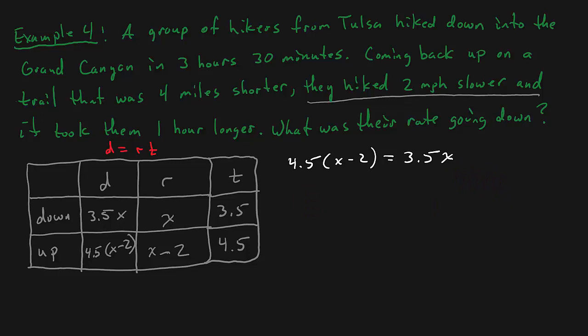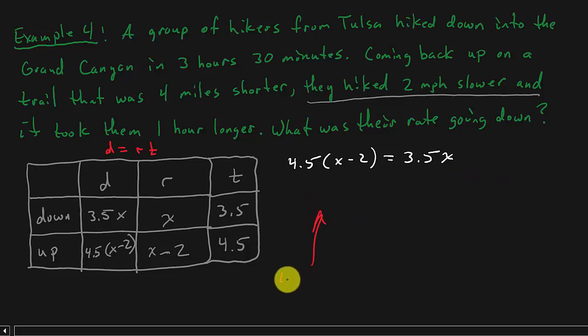Remember, this is 4 miles shorter. So that means this side over here is 4 miles longer, right? It's 4 more than this side over here. Well, if I'm putting an equal sign in front of them, I've got to make them equal. So if I know this is 4 miles longer, I have to subtract the 4 to make them equal.